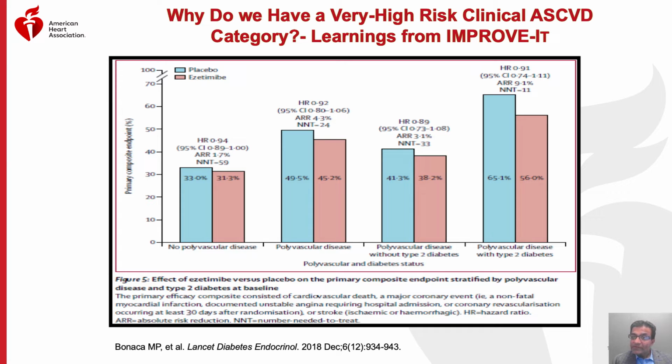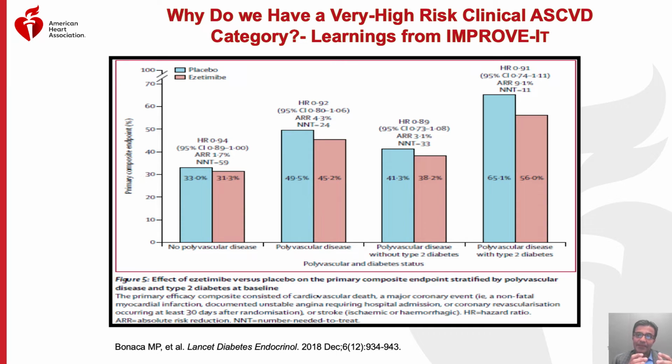If you had polyvascular disease plus diabetes, look at the event rates. Almost 65% of those patients had a recurrent event. But similarly, they derived a lot more benefit by the use of ezetimibe therapy.